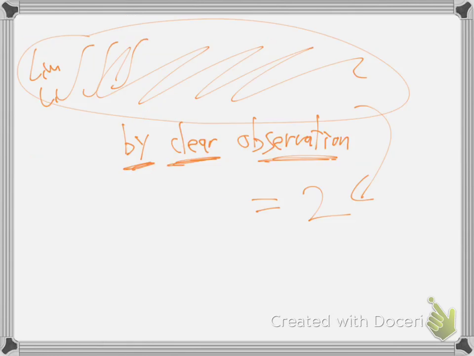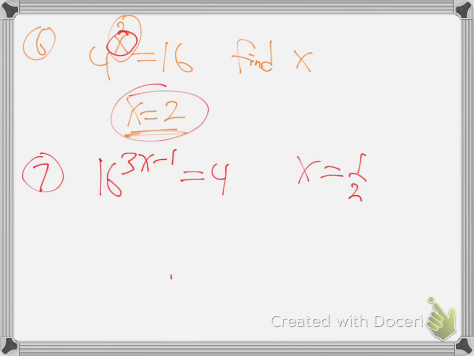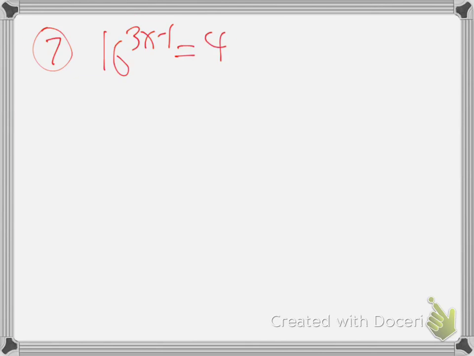Let me get a fresh screen, get a little more room here. So number 7, 16 to the 3x minus 1 equals 4. Okay. So here's the game plan. When x is in the power, that's the unique mark of these. That's how you're going to tell this. Because you know what's hard? You get to a math test, all looks alike, huh?